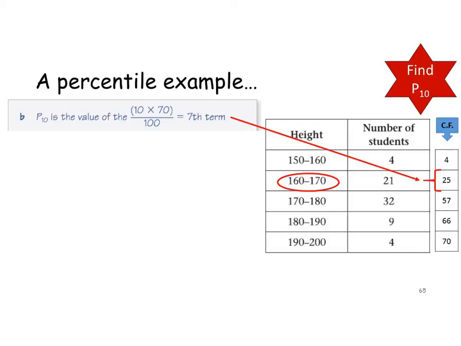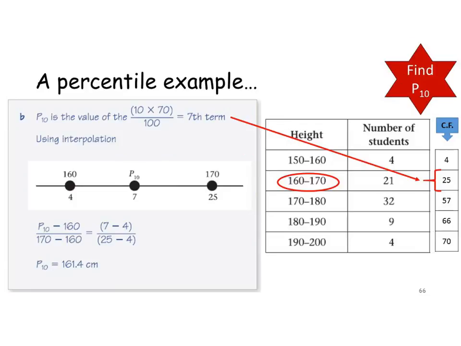Let's do the interpolation, set up our diagram, the data boundaries 160 to 170, and the frequency values we have 4 to 25. Now A over B equals C over D. Rearrange to find P10 equals 161.4 centimetres.